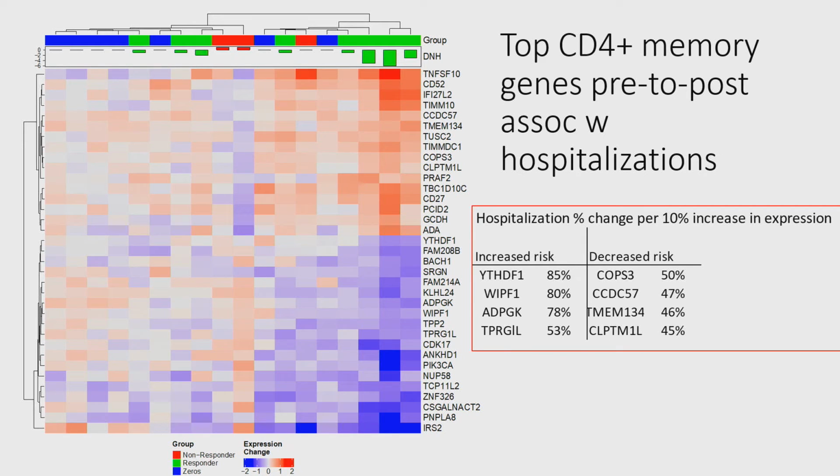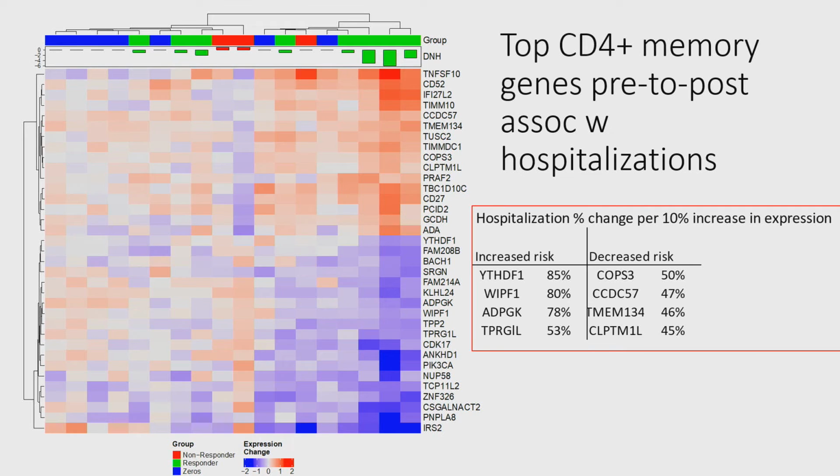But then to this side, there were patients who went from 6 hospitalizations in the year prior to 0, or 5 to 0, or 4 to 0, and that group really drove the expression patterns on this heat map. There were folks who increased their hospitalizations after Trikafta, and you can see the difference, right?